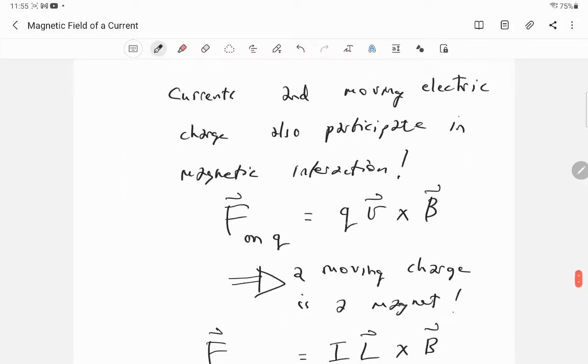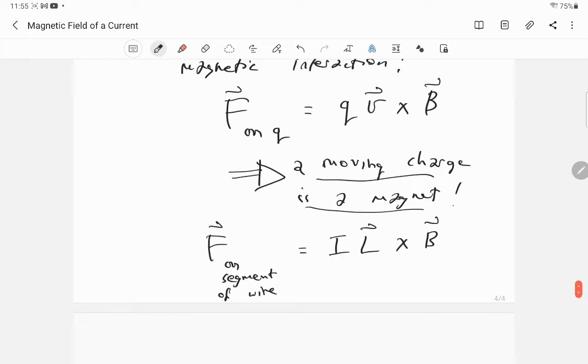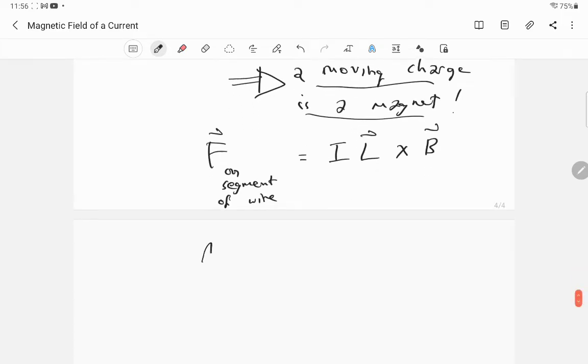So a moving electric charge will interact with that magnet. But then I say, well, if it participates in magnetic interaction, then that means that a moving charge is itself a magnet. Likewise here, if a current carrying wire feels a force by some magnetic field, that means a current carrying wire is a magnet.